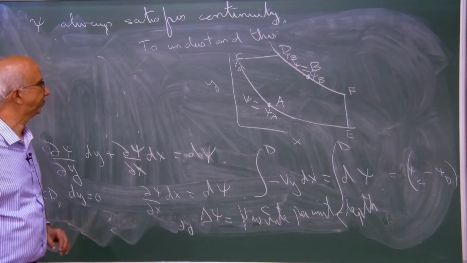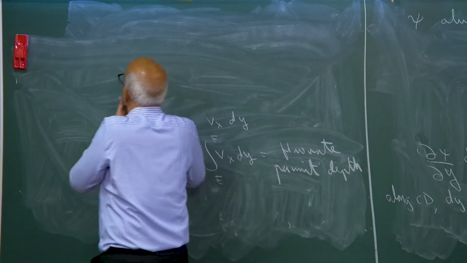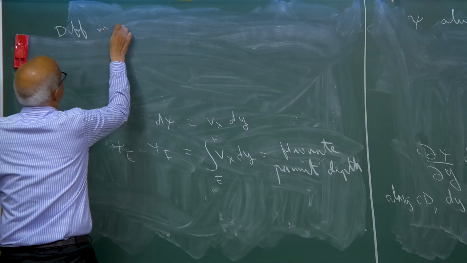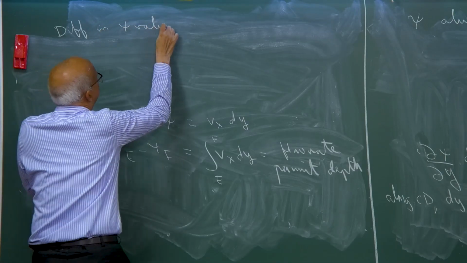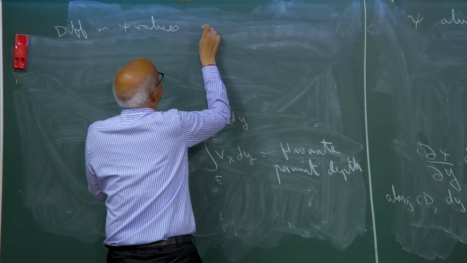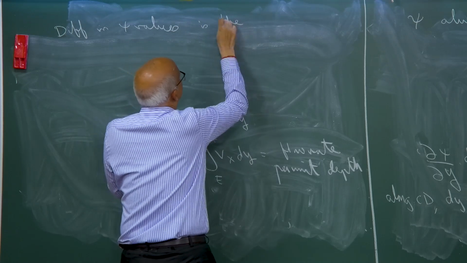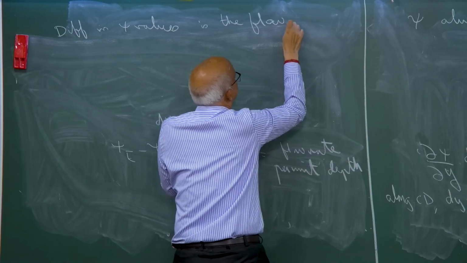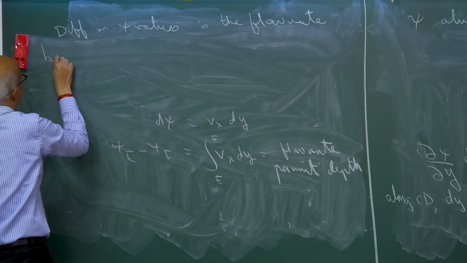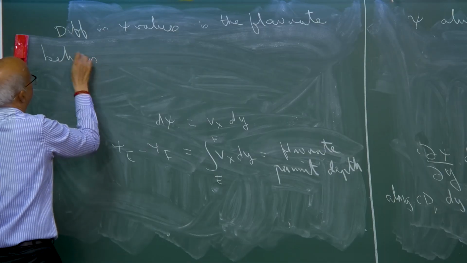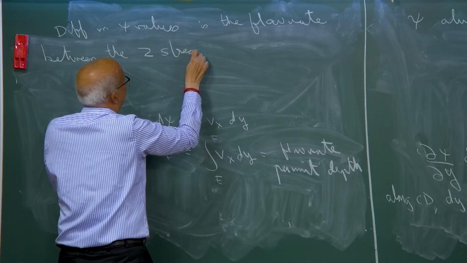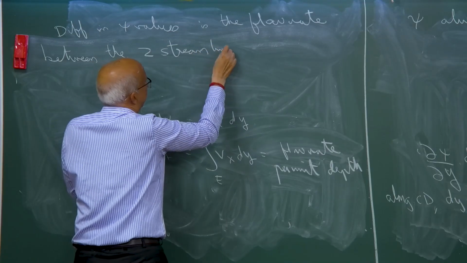Okay. So, the difference in the ψ values is the flow rate between the two streamlines.